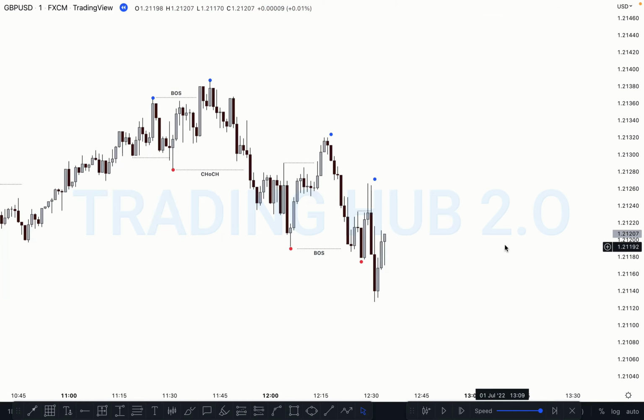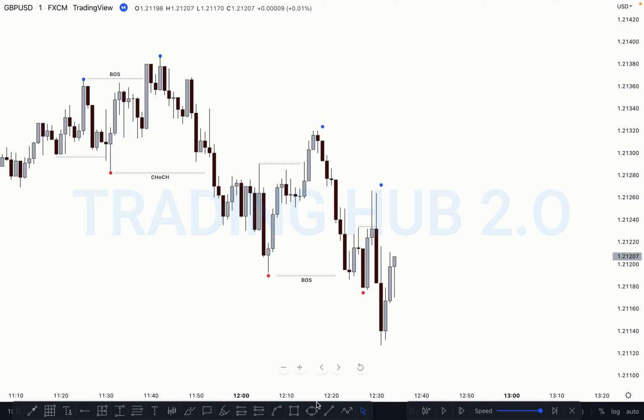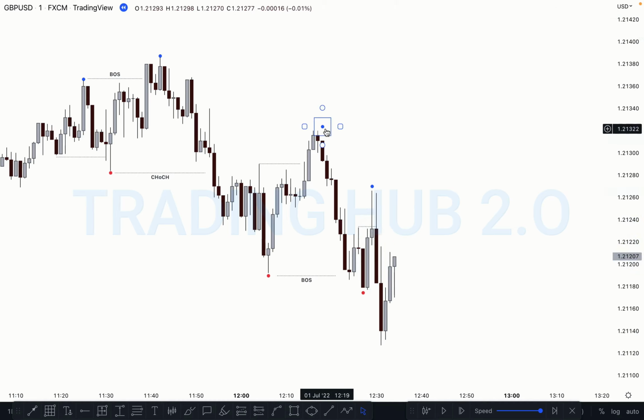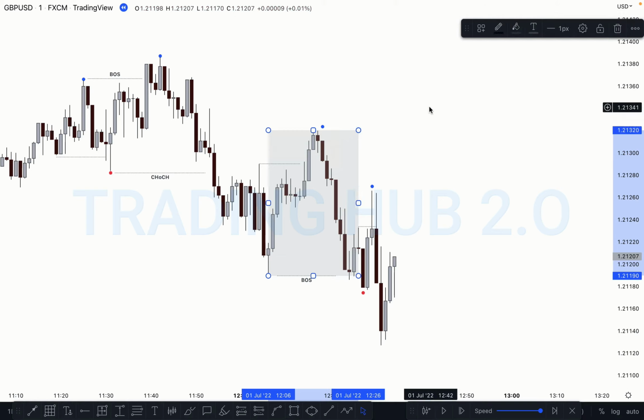Because in this case you can see clearly this move was the highest point, okay? And some people say why not this one? Because this move is responsible for this BOS.